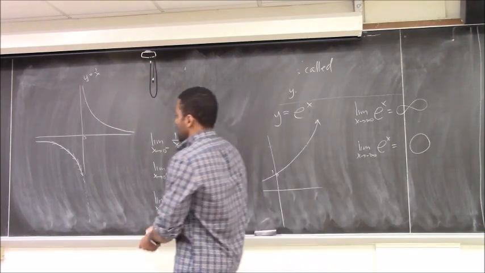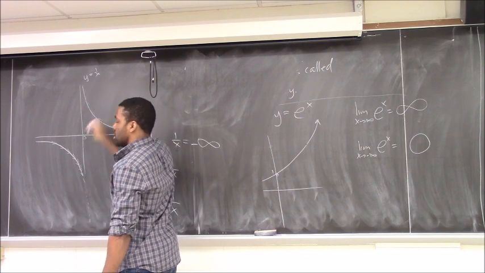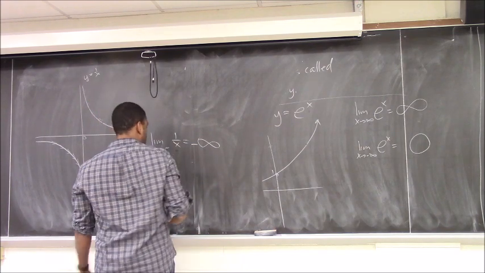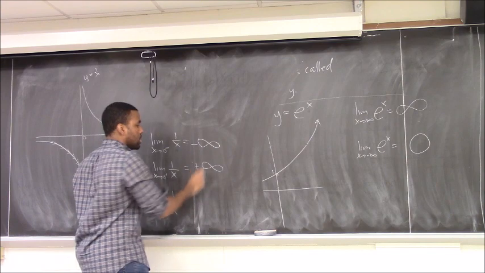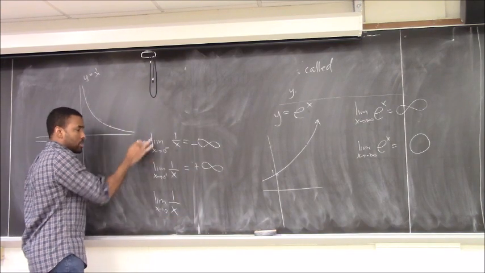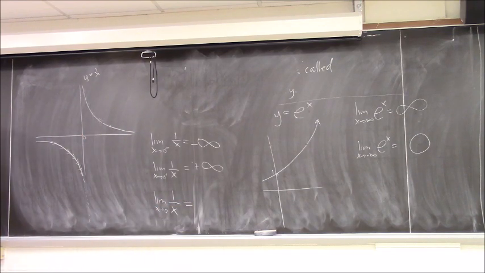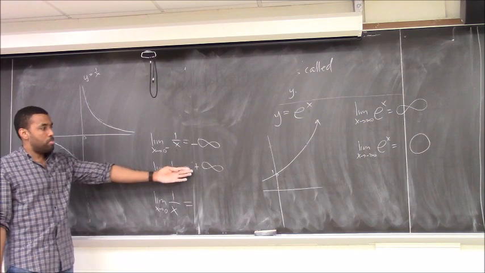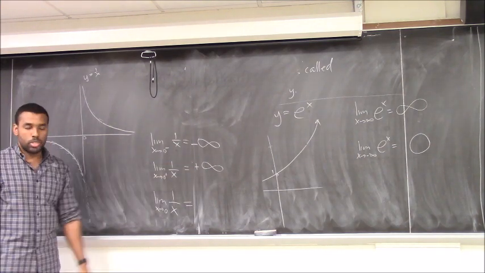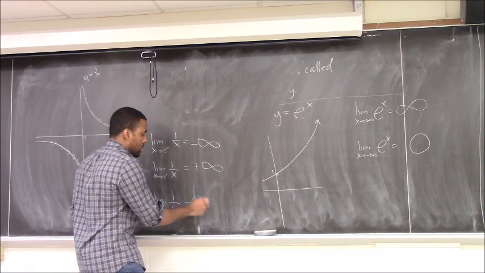On the other hand, if I'm on the right side and I'm approaching this, the y values will keep going up. And I can say that this is positive infinity. And now, because I know the one-sided limits exist, I can talk about the overall limit. Clearly, a large positive number and a large negative number are not the same, so I can say overall the limit here does not exist.